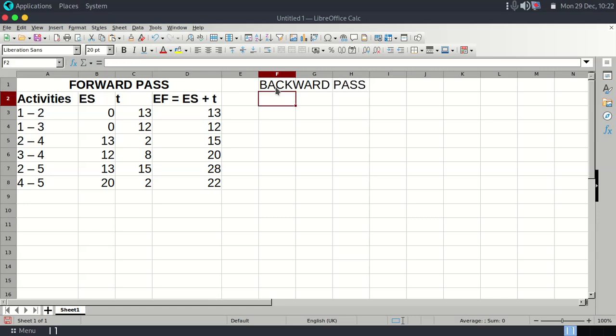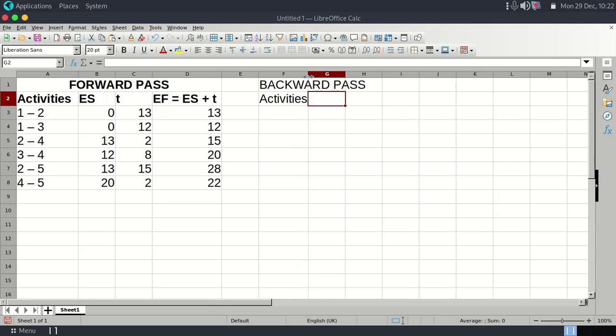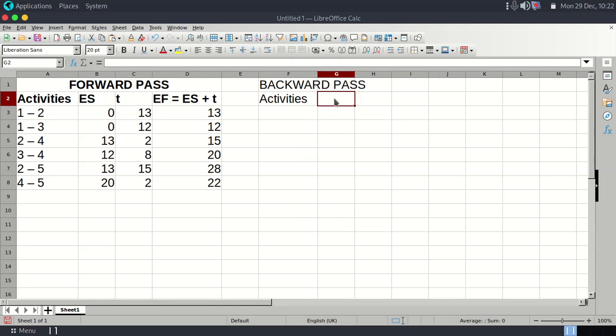So in our backward pass, we have the activities. That's no doubt. We need to have our activities. Apart from the activities, we don't need to have the ES. Remember, you were dealing with the LS and the LF. Here I'll start representing the LF. I'll explain why.